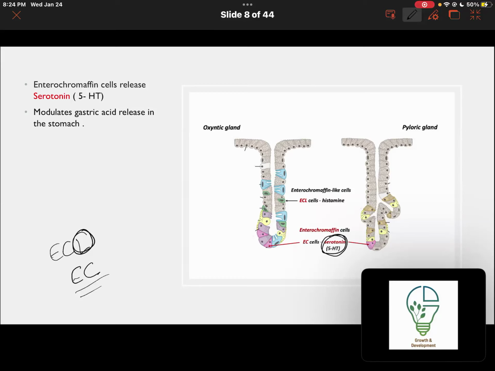Serotonin is also called 5-hydroxytryptamine. That's why you see the 5-HT. They can give you either term in the exam, so you should remember that serotonin also means 5-hydroxytryptamine. It modulates gastric acid release in the stomach. It also has a very important modulating role, and we'll study about that in the next few slides.